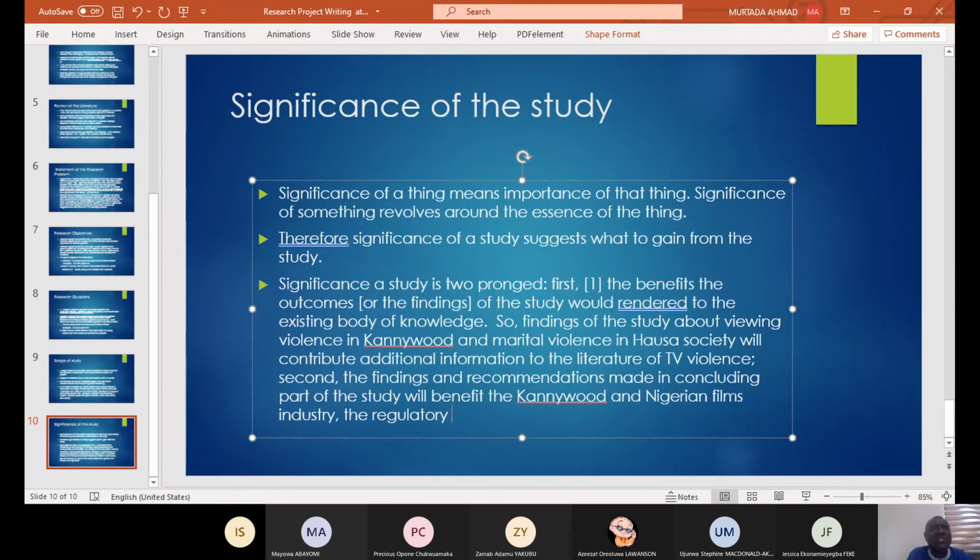I can't remember what they called it. There's a body called film censorship, something like video censor board.